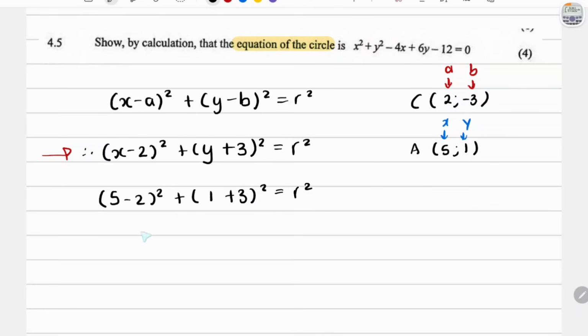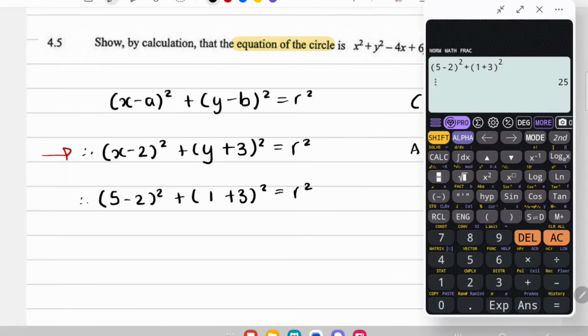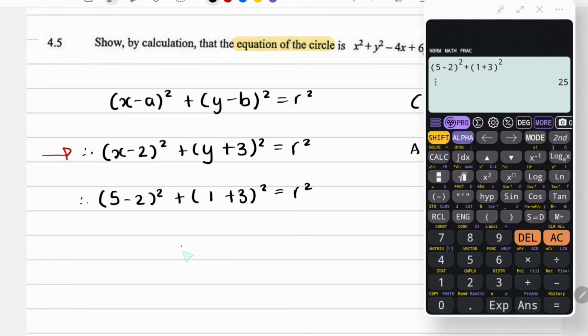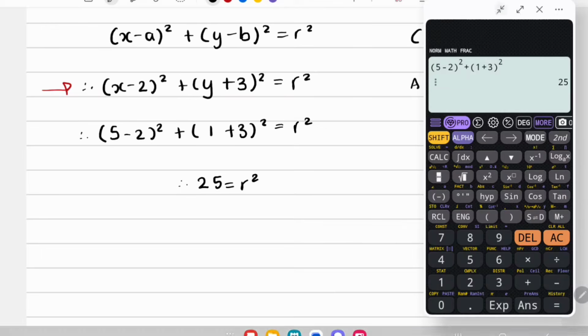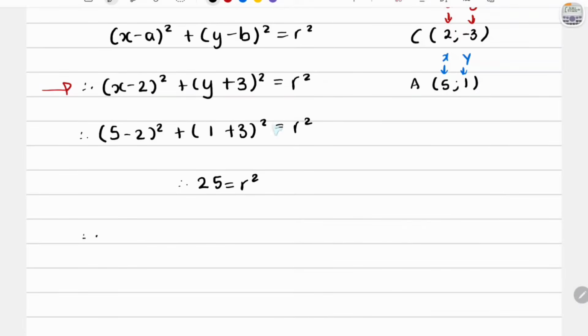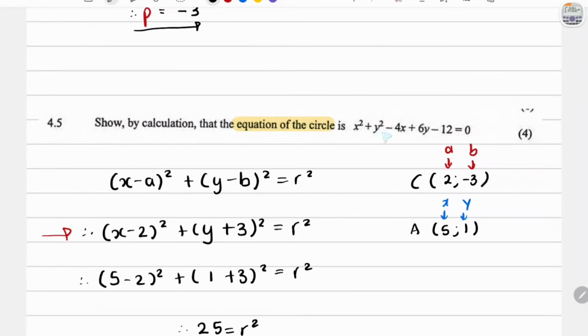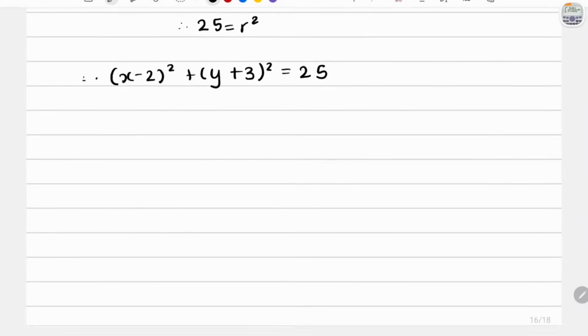And you can substitute this into the equation to get the value of r squared. Then we can put it back into this equation. And we get that r squared is equal to 25. So 25 equals r squared. So let's put that back into this part. So we'll say, therefore, just put r squared there, so equals 25. And remember, they want it in this format, so we need to expand it.